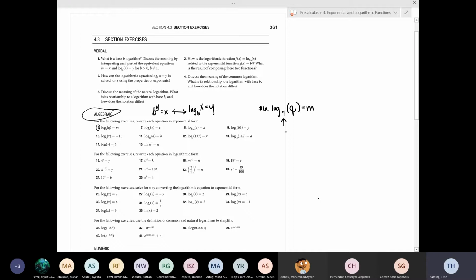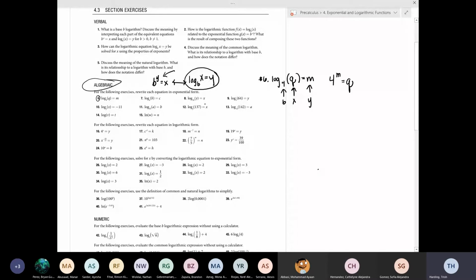We would have b here, and we need to put it in exponential form. So this is our b, this is our x, and this is our y. Now we fit it into this equation: b is 4, y is m, and x is q. That's about as far as we can take this one. It's not going to be able to be solved.